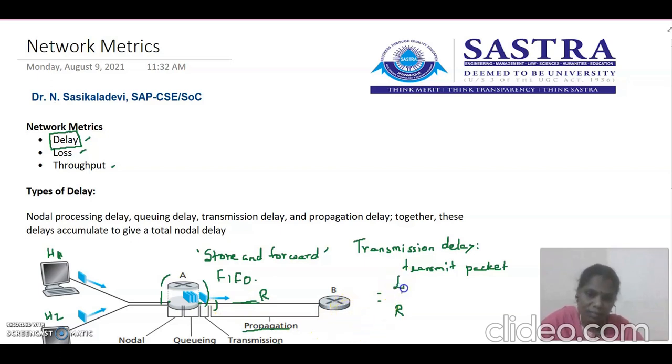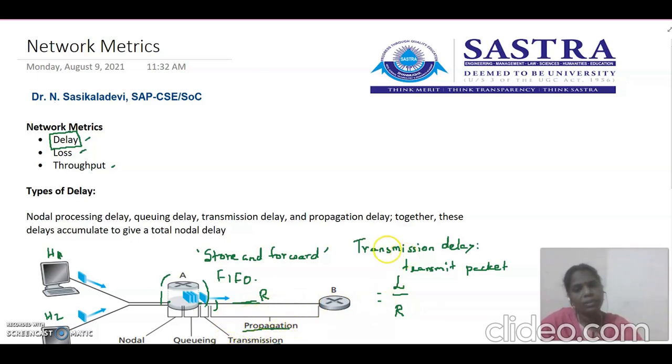So the length of the packet divided by the channel bandwidth is the formula for computing the transmission delay. The transmission time of the packet is the length of the data divided by the capacity of the channel.